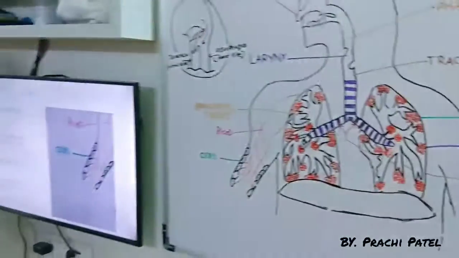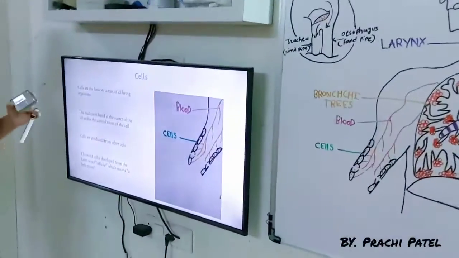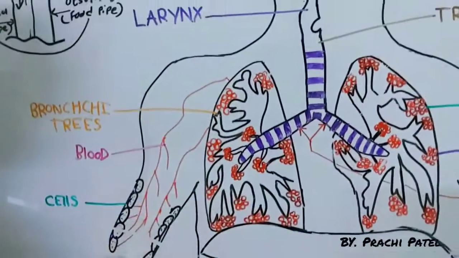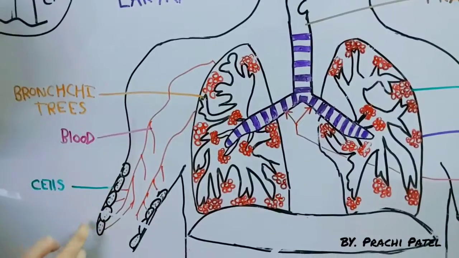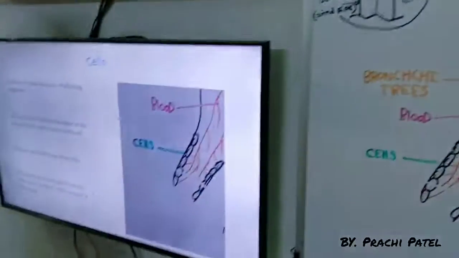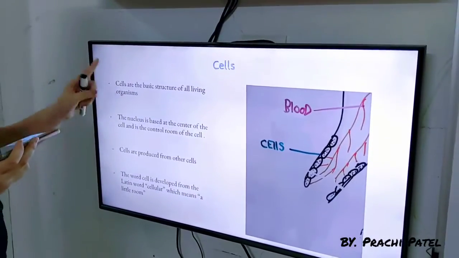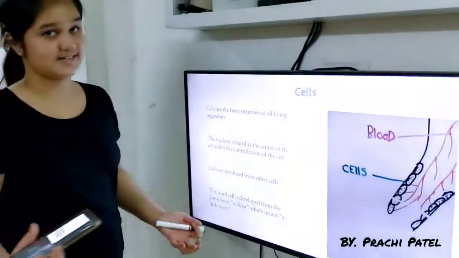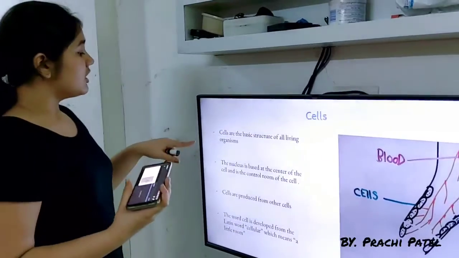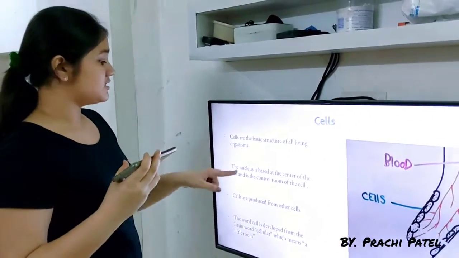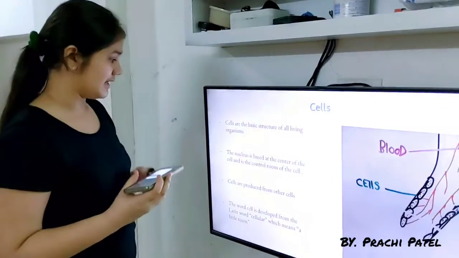Next. This is the cell. After blood vessels, it goes to the cell. For more detail, watch my other video, but here, cells are the basic structure of living organisms. Cells are the most important. The nucleus is the basic center of the cell and it is the control room of the cell.